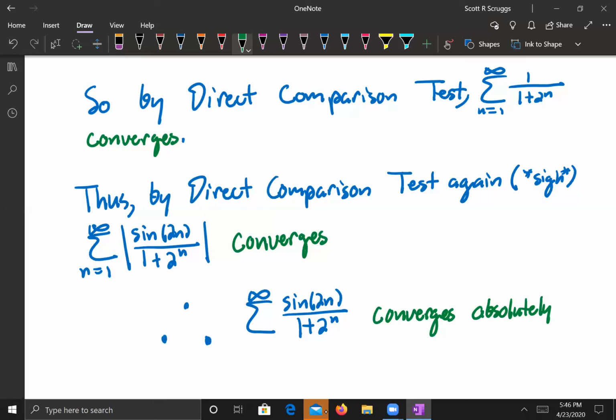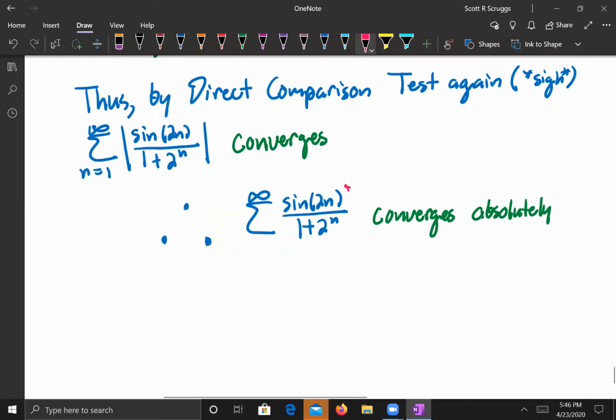Comparison test, again, because of the sine, I could accidentally pick a series to compare with that could be convergent or it could be divergent. That sine is too sensitive. So because of that sine of 2n term, it makes testing with my normal methods a little too hard.